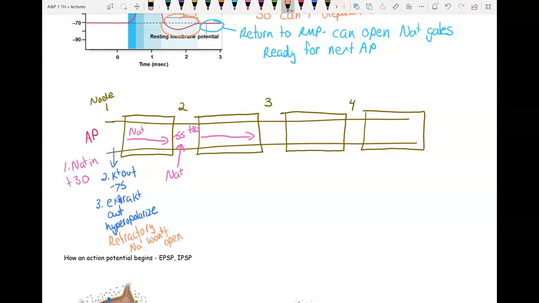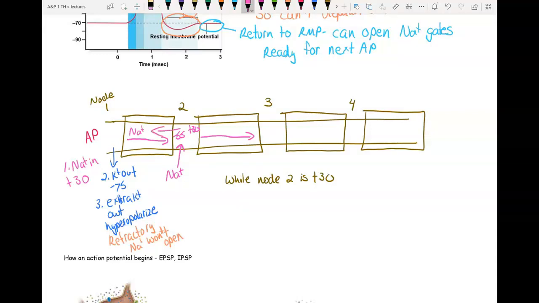Okay, so while node 2 is at positive 30, and that sodium is diffusing, so sodium diffusion occurs in all directions. So while node 2 is at positive 30, sodium is going to diffuse back this way also.